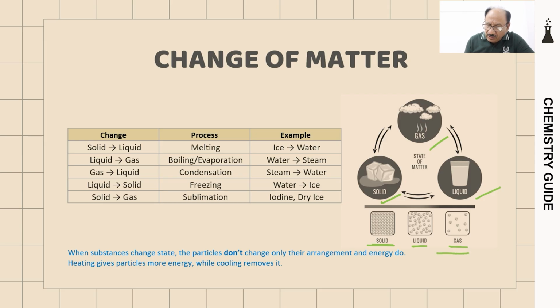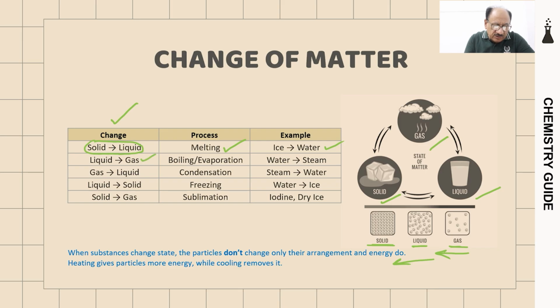Or we can cool gas to get liquid, and by further cooling, we get back to the solid state. So these are interchanges of states. A solid to liquid change needs heating, and that process is melting. An example is ice converting to water.